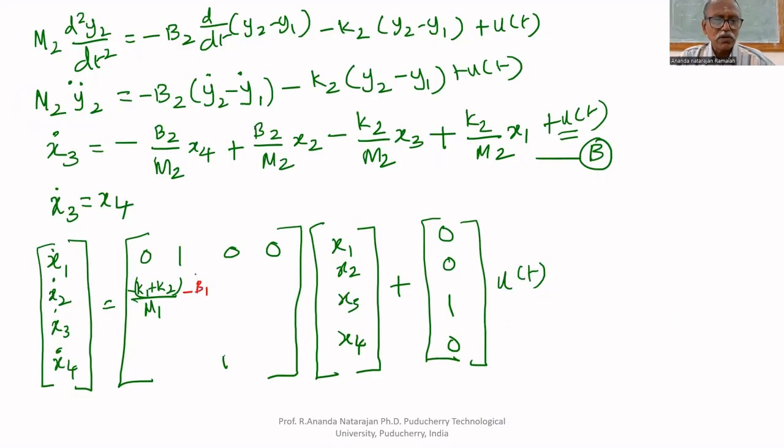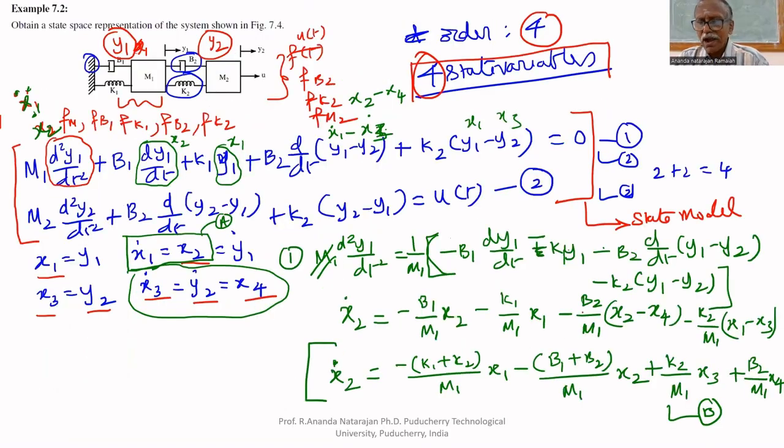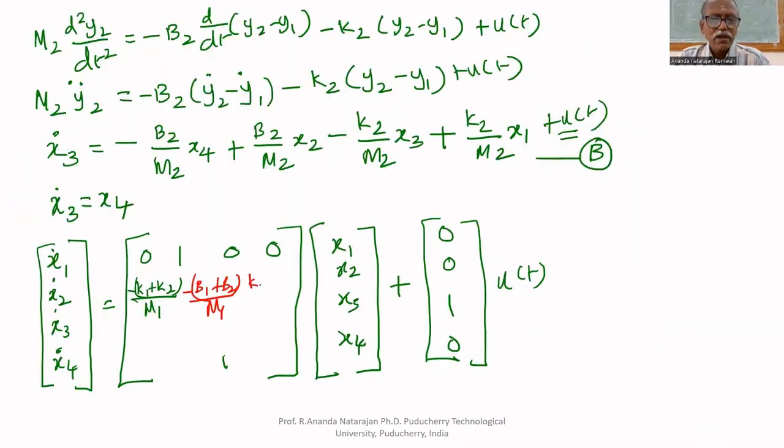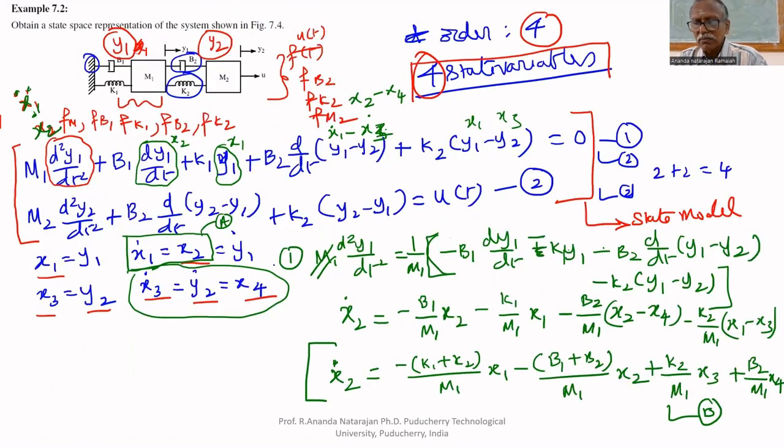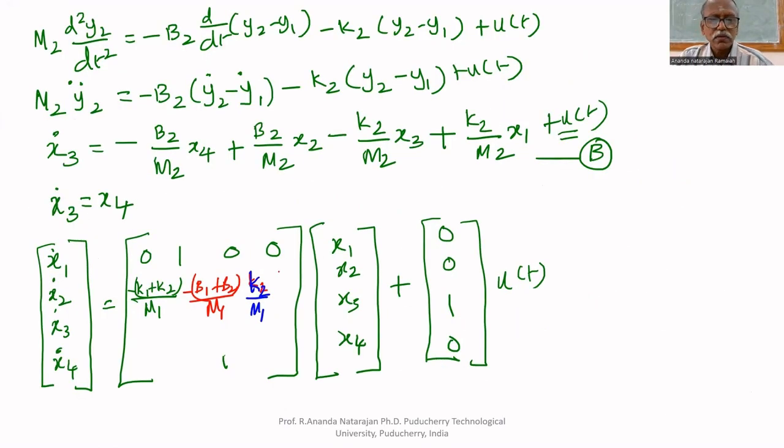Third element, k2 divided by m1. The fourth element is b2 divided by m1. Here x3 dot equal to x4, this is 1. All others are 0.